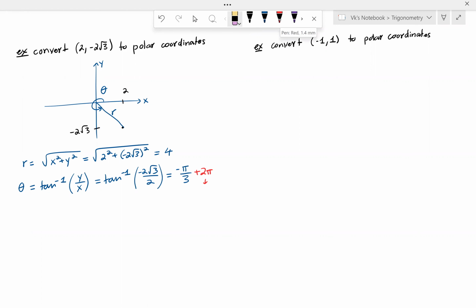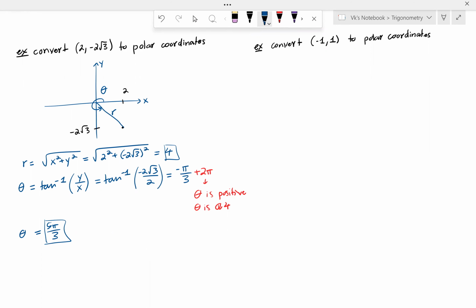Theta is positive and theta is in quadrant 4. And this gives us the angle theta to be 5 pi over 3. So we have the angle theta and the radius.